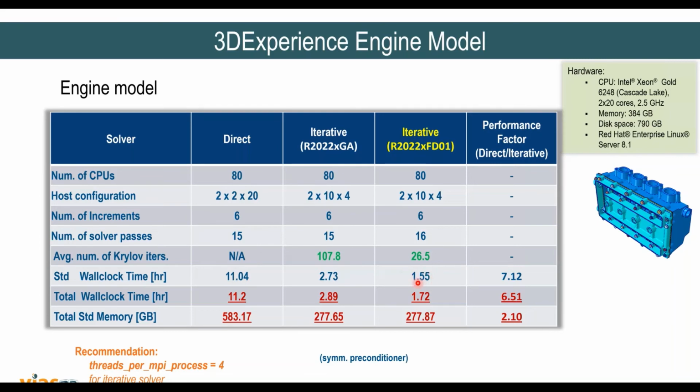Now this can be done in 1.5 hours. So the performance factor is 7 times. And if you look at the total wall clock time, here it took 11.2 hours. Now you can do this in 1.72 hours. This gives you a performance factor of almost 6.5 times.